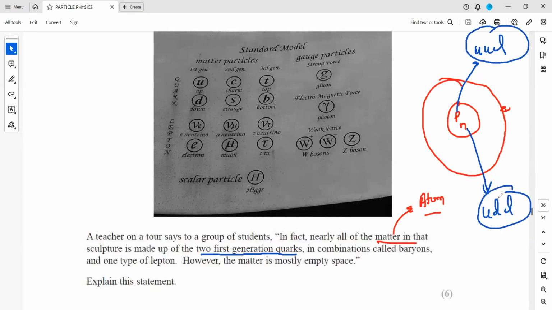And neutron consists of up, down, down, that is also a first generation particle. And its combination is called a baryon. Proton and neutron are also known as baryons. So till here is correct. And one type of lepton: as electrons are moving, electron is a lepton. So electron is moving around the nucleus in the region which we call a shell or an orbit.